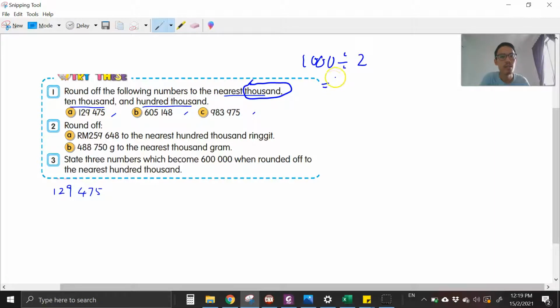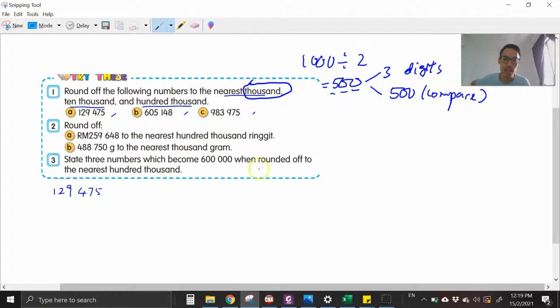Bagi 2 dulu. You divide it by 2, you get 500. Now this 500 will tell you 2 things. The first thing, there are 3 digits. The second thing, this is the number that you need to compare. Kena bandingkan.